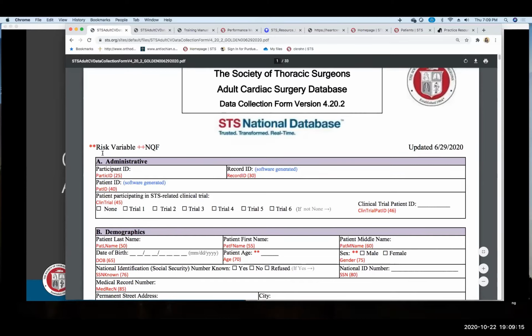We do have, I believe, 7 different risk models, so you'll see the risk variables are notated with the double asterisks. And then we do have NQF approved measures, which are things like the CABG composite measure, the mitral valve composite measure, things like that, that have various endpoints like prolonged ventilation or renal failure following coronary or cardiac surgery.